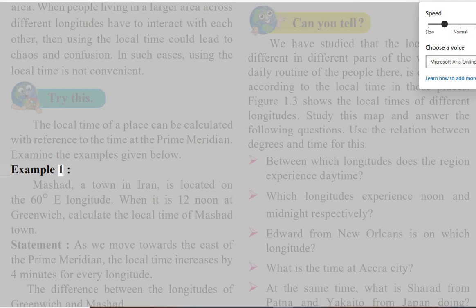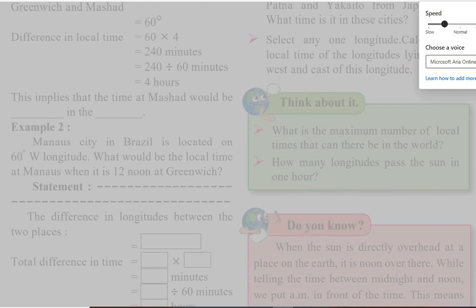Example 1. Mashhad, a town in Iran, is located on the 60 degrees east longitude. When it is 12 noon at Greenwich, calculate the local time of Mashhad town. Statement: as we move towards the east of the prime meridian, the local time increases by 4 minutes for every degree of longitude. The difference between the longitudes of Greenwich and Mashhad equals 60 degrees.